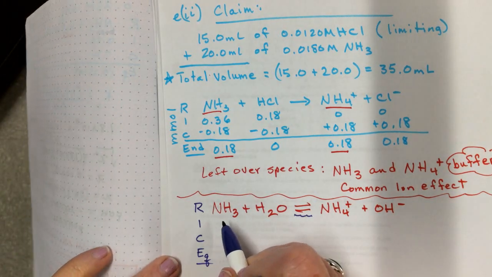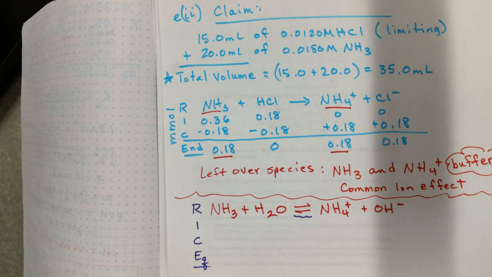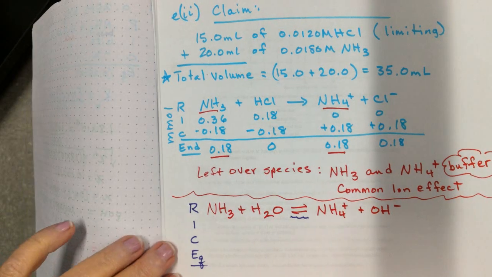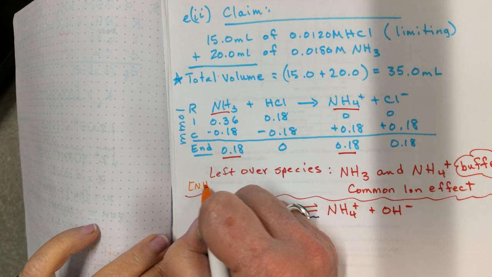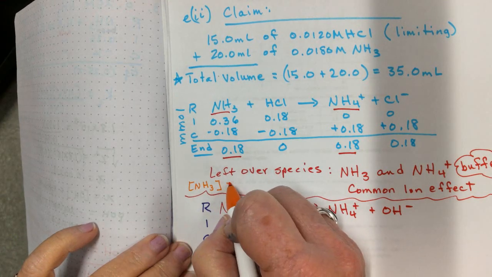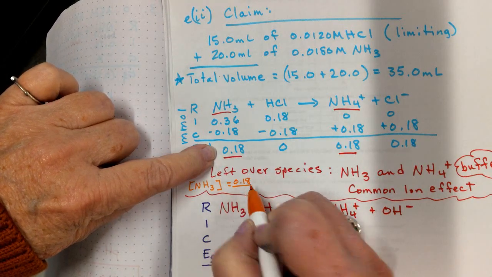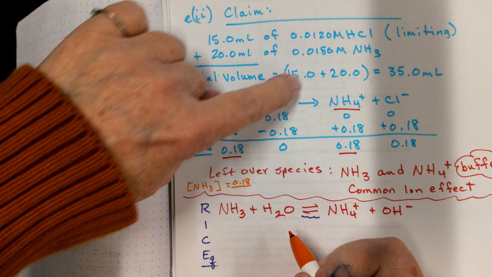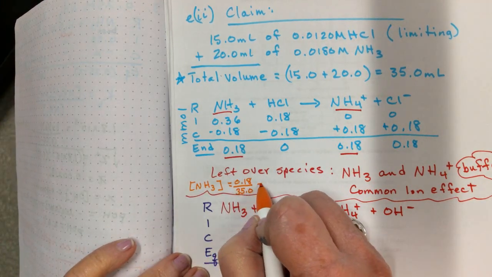So initially, I need my new concentrations. I'm going into an equilibrium table, so what do I need? I need new concentrations. So what are my new concentrations? The concentration of ammonia after reaction is going to be what's left over divided by the total volume after mixing. My total volume was 35.